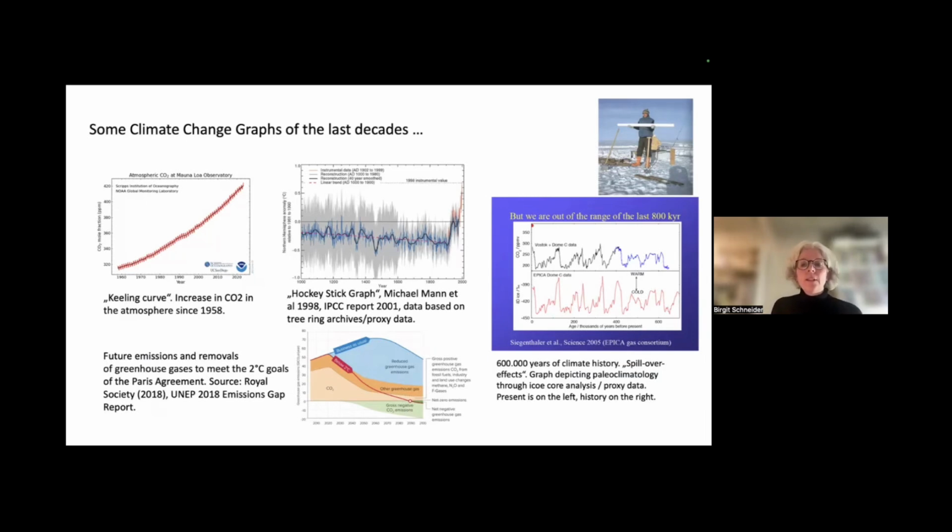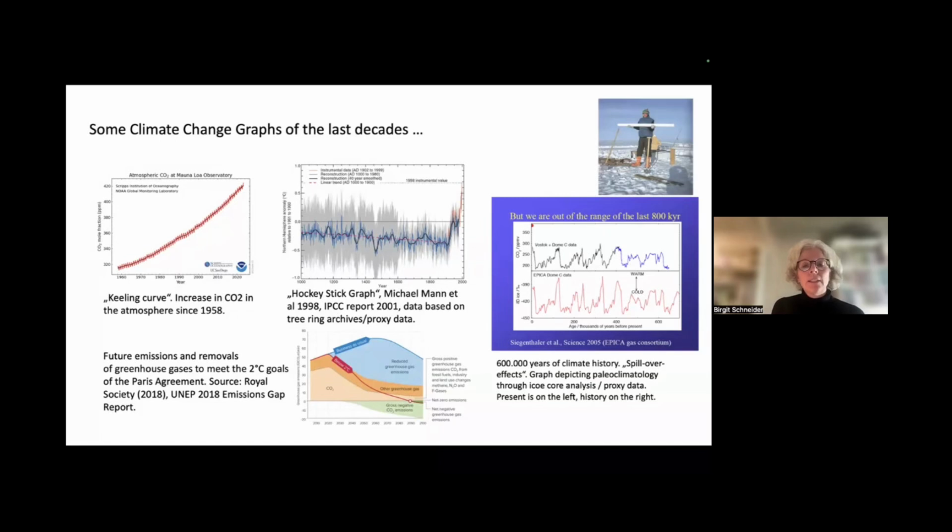And the graphs I show you here are the Keeling curve, which has been drawn by the meteorologist Keeling since the year 1958, and it shows the increase in CO2 in the atmosphere since the year 1958. And you can see the constant change, because humans emit CO2 into the atmosphere.